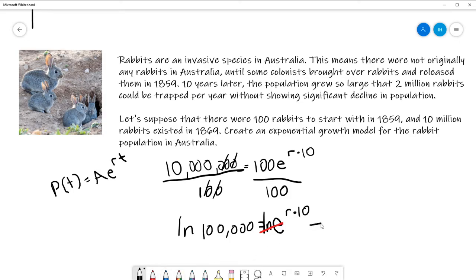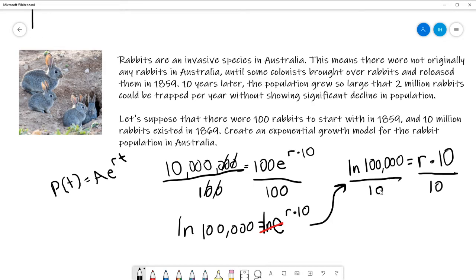So what we get, let's go over here. We get that the natural log of 100,000 is equal to the rate times 10. Now that we have ln of 100,000 equals r times 10, we just got to divide by 10 from both sides to get the growth rate, right? So what's that equal?